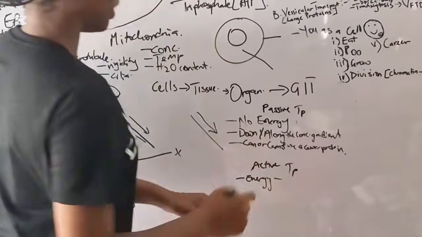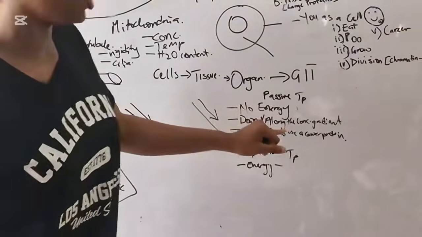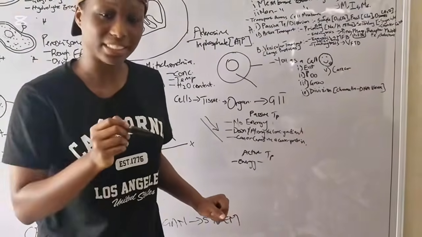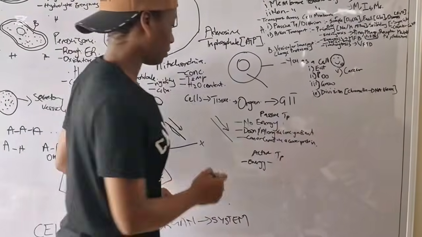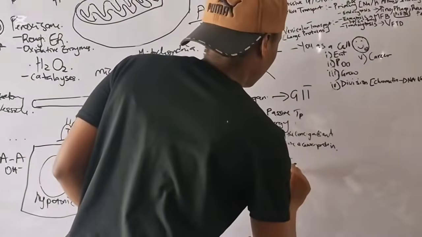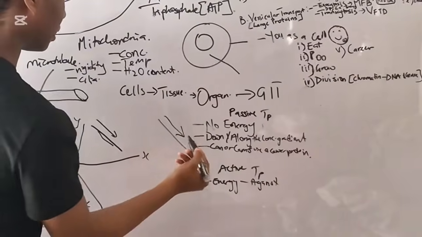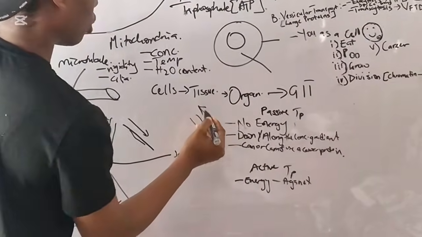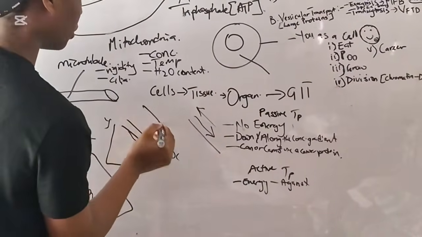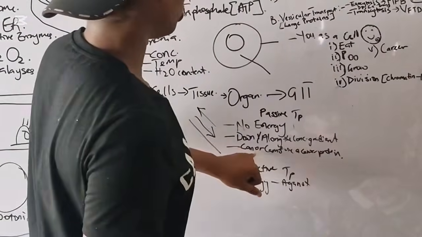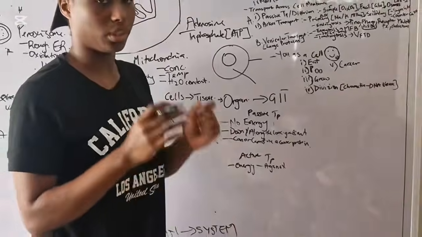Number two, instead of moving down or along the concentration gradient, in active transport it is moving against the concentration gradient. So that means if the gradient is going like this, it is going to go like this, or uphill. And then number three, active transport always involves the carrier protein.